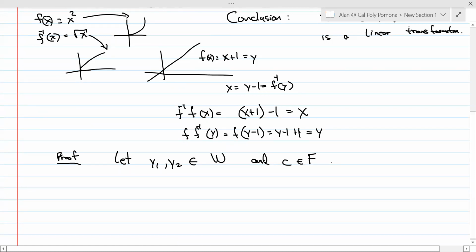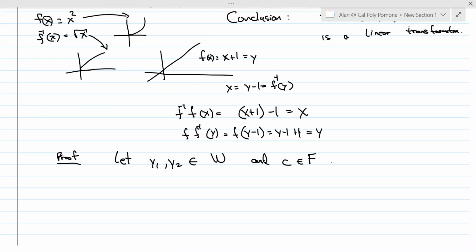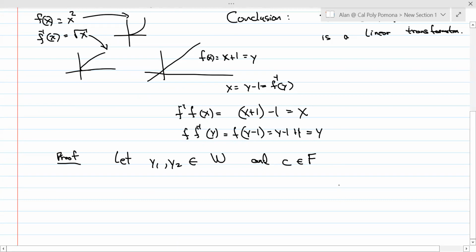Okay. Since T is onto and one-to-one, note that T is onto and one-to-one. Why is that? Because that's equivalent to being invertible.